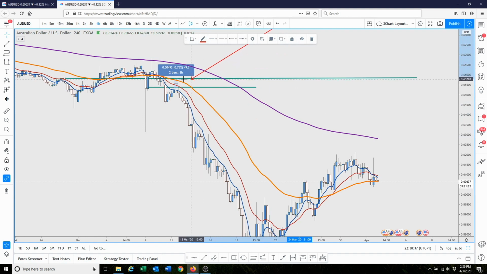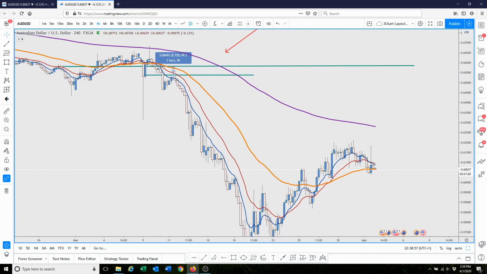If we set a 50 pip stop loss here, and how I got this 50 pip stop loss is because the EMA 50 is right here, so I'm going to use that as protection. Plus on the daily, this was a significant level, so placing a stop loss around here is not a bad idea.